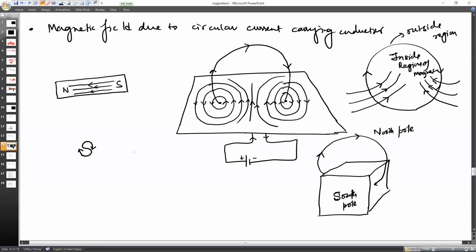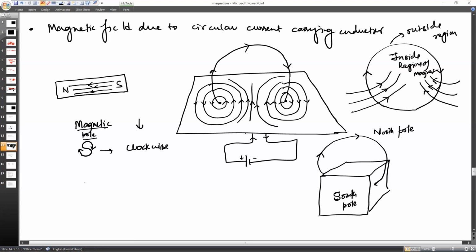If the current is clockwise, then the magnetic pole is the south pole. You understood? Yes, sir. And this is the south pole if the direction of current is clockwise.